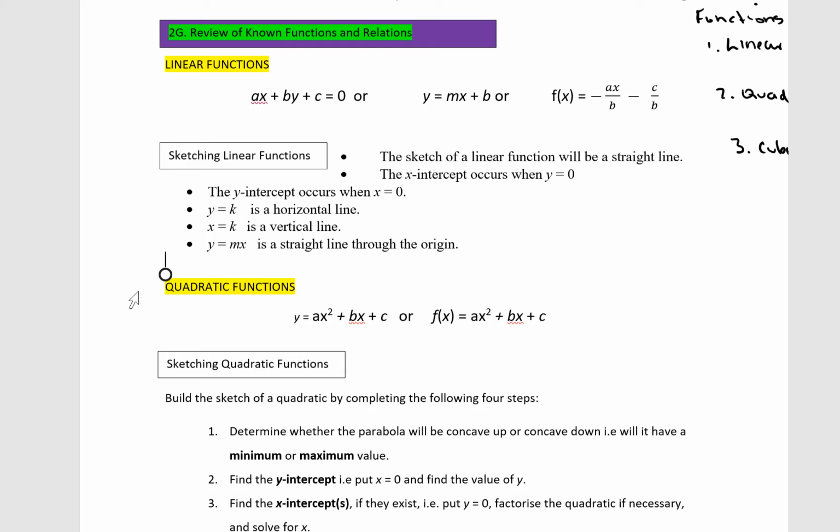So we're not going to thrash out every little aspect. It's more just an overview of the functions for now. Okay, let's get started. Linear functions.